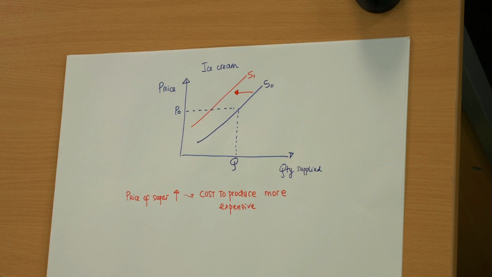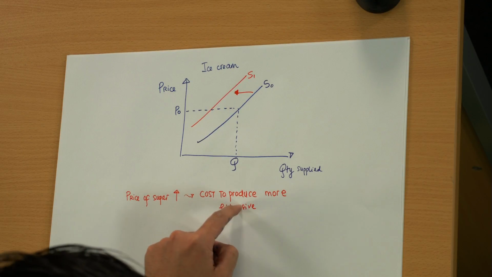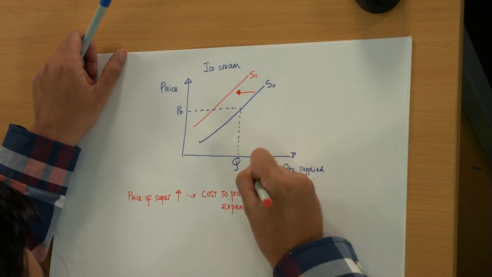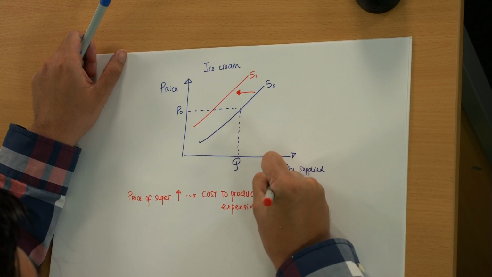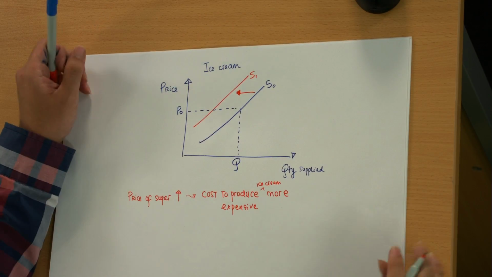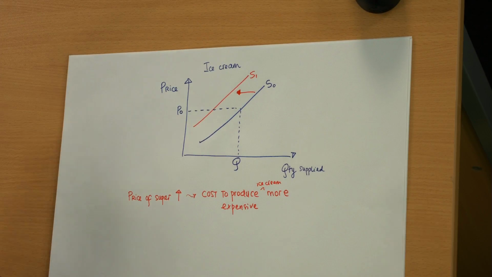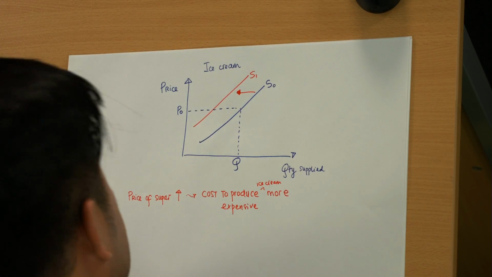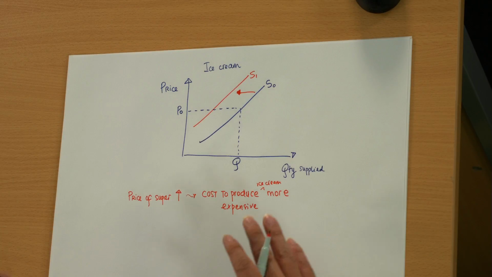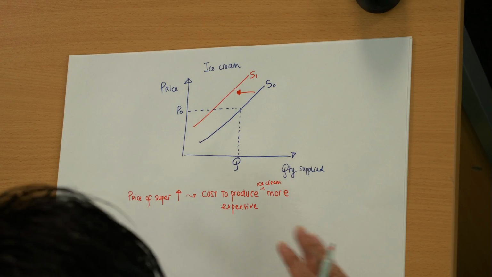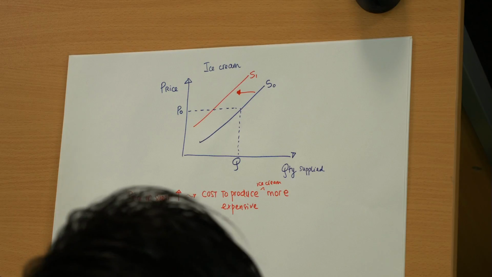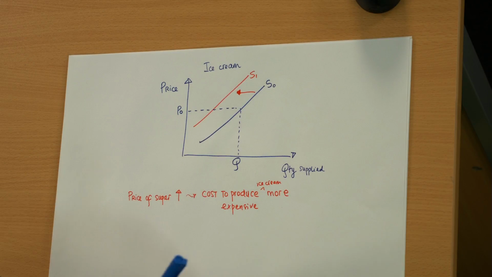Are you with me? Okay? So again, price of sugar increases, the cost to produce ice cream becomes more expensive, then you shift the supply curve to the left. Is that okay? The other way around, guys, if it's cheaper to produce ice cream, then supply is going to shift to the right. Okay?